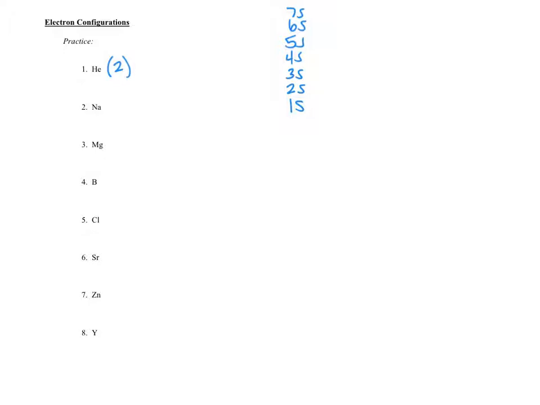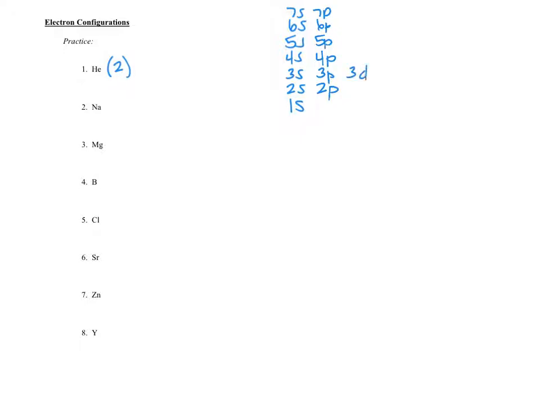The second one has 2. So this s here, this 1, does not have a second level. So you're going to start here with the p's and go straight up. 2p, 3p, 4p, 5p, 6p, 7p. And then again, 1 has 1 sublevel, 2 has 2 only, 3 has 3.